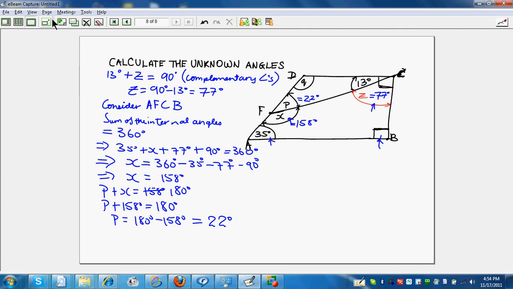How come? Because we know in the triangle FDC, when we sum up the internal angles, we must get 180 degrees. And we know what P is.